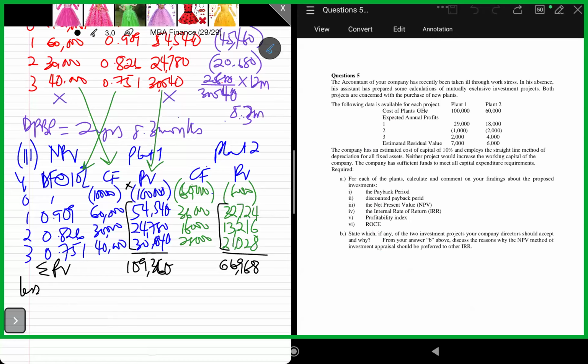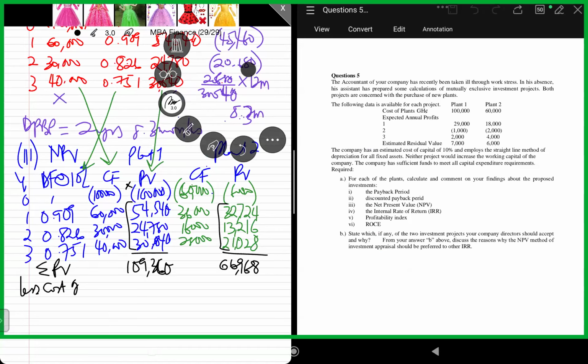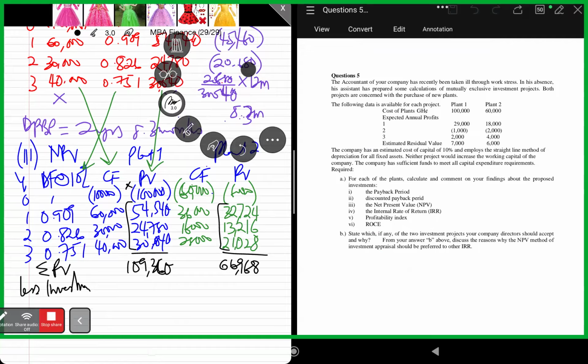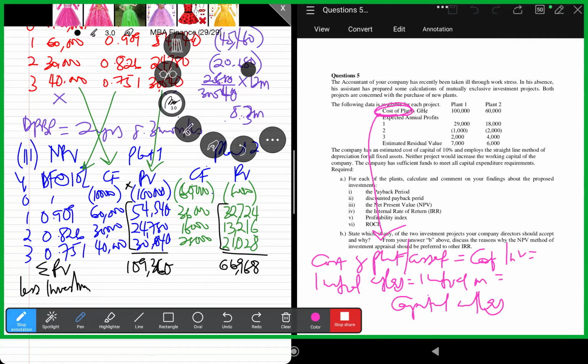So let me say less initial investment. Did you write what I just took away? Cost of plant or asset equals cost of investment equals initial outlay equals initial investment equals capital outlay.